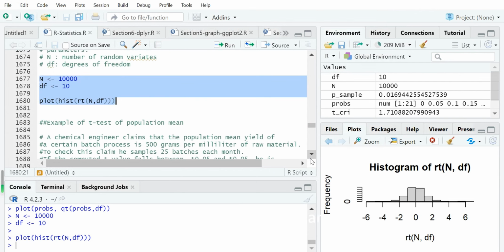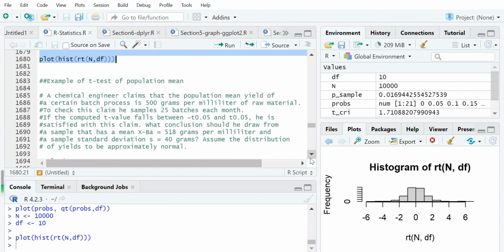So then we show an example of using a t-test. The problem is: a chemical engineer claims that the population mean yield of a certain batch process is 500 grams per milliliter of raw material. To check this claim, he samples 25 batches each month.